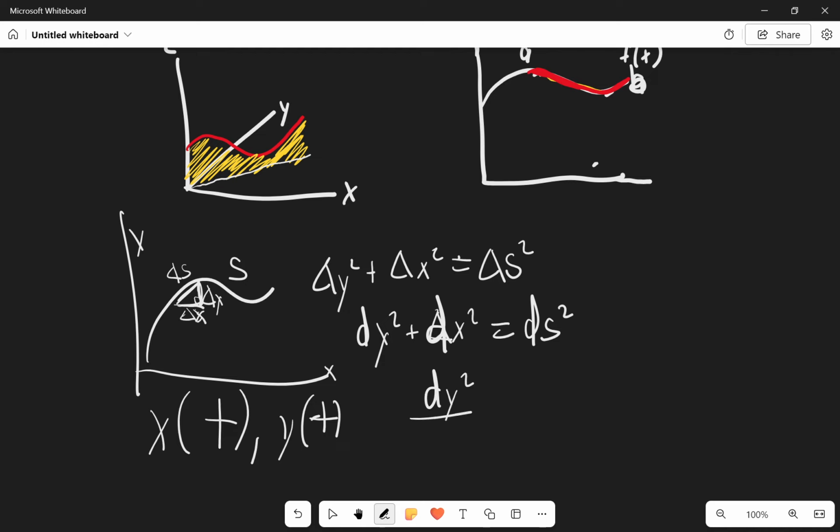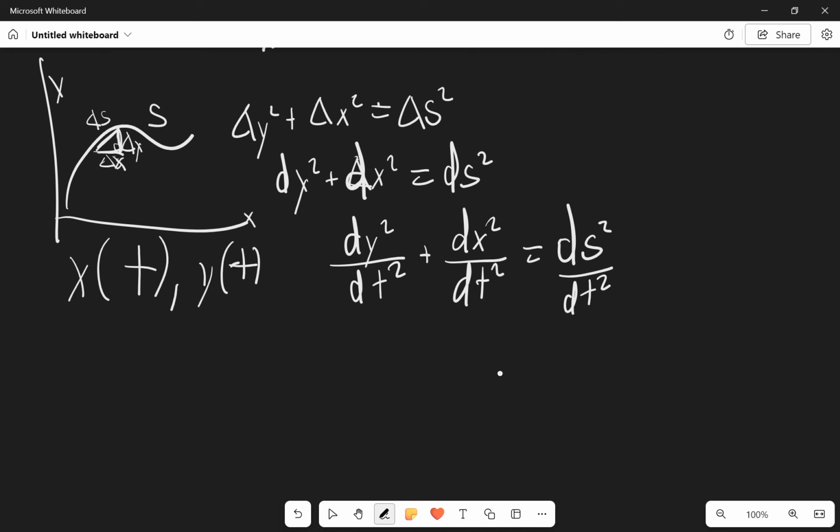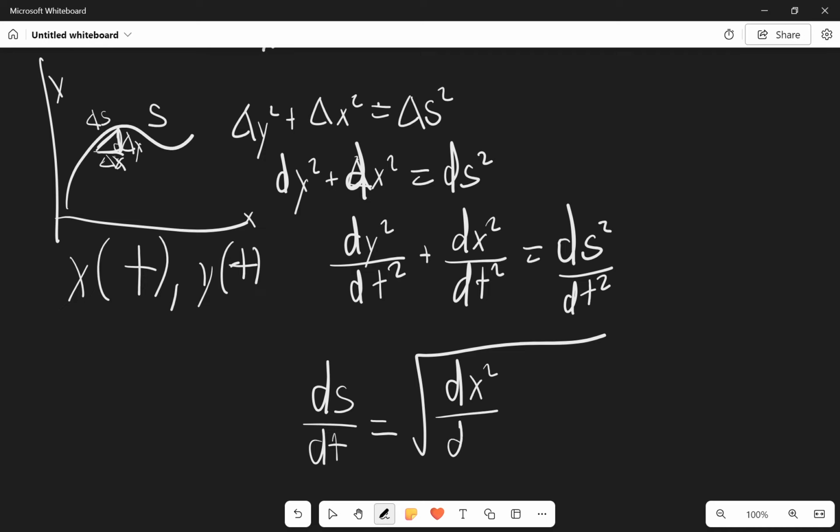Now we have dy squared over dt squared plus dx squared over dt squared equals ds squared over dt squared. Now let's take the square root on both sides. So we have ds over dt equals the square root of (dx/dt) squared plus (dy/dt) squared.